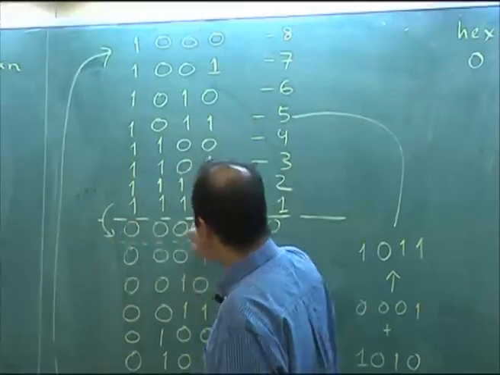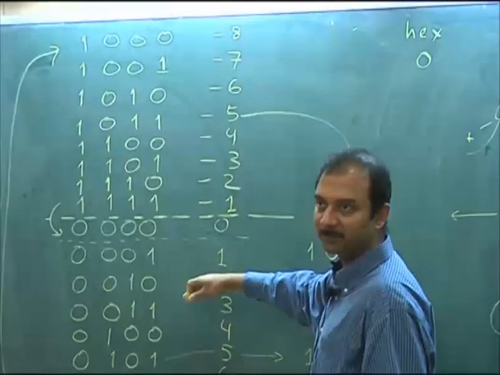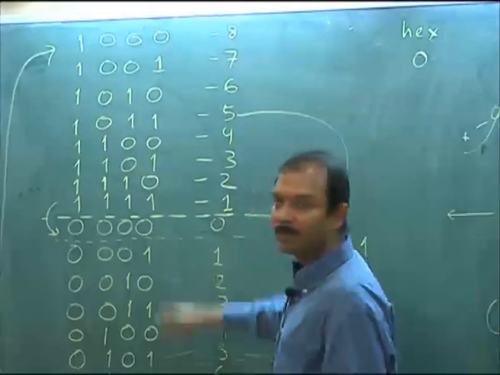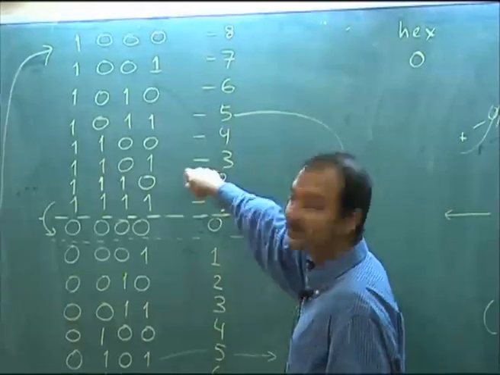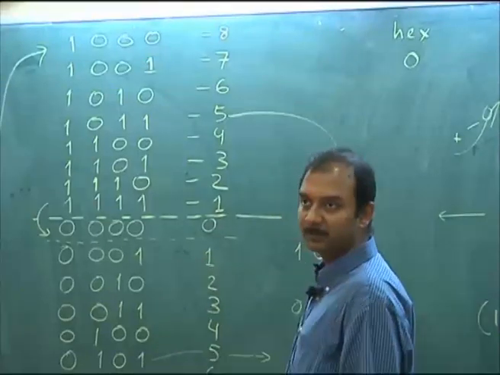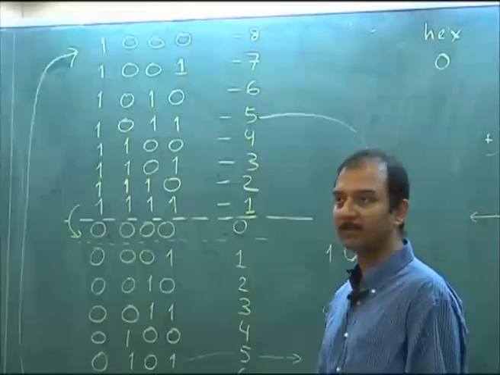One of them is 0, and that's a little asymmetric because it's the first value to be used on the positive or non-negative side. Okay? And then strictly positive numbers, you get 1 fewer than strictly negative numbers. 0 is included on the positive side, the side with zeros in the most significant bit.